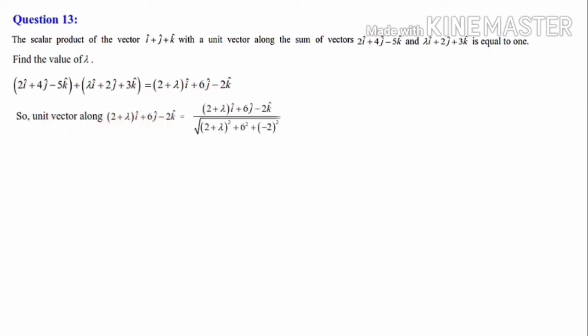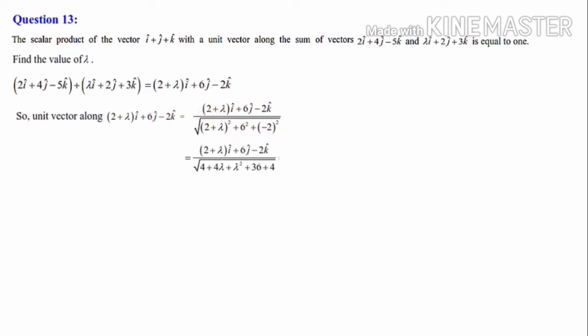Unit vector calculation we know, just the vector divided by its modulus. So vector is (2 plus lambda) into i plus 6j minus 2k cap divided by its modulus value, x square plus y square plus z square, that is root of (2 plus lambda) the whole square plus 6 square plus (minus 2) the whole square.